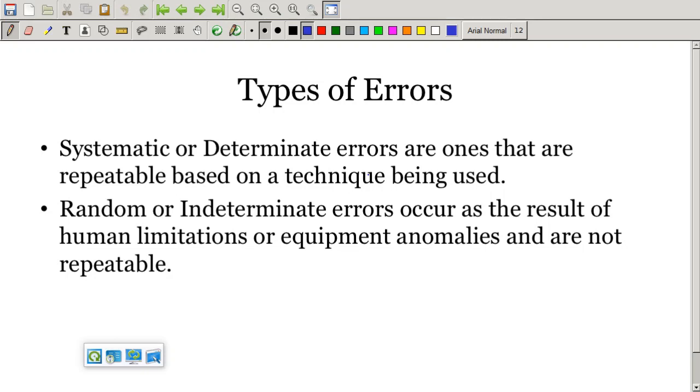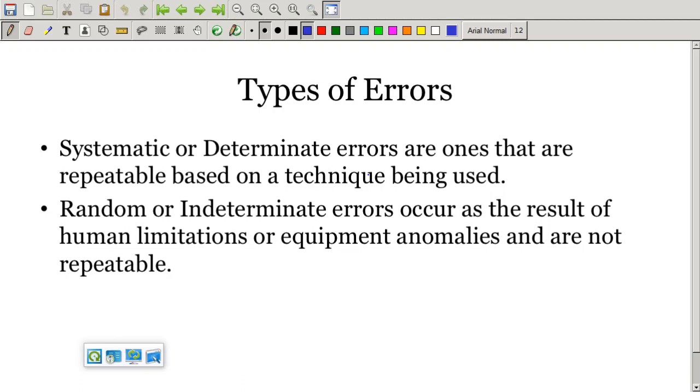So if you weigh things on the balance, it is going to introduce a small amount of systematic error because most balances that are labeled as analytical balances are accurate to the nearest tenth of a milligram, 0.0001 grams. That's a systematic error. Okay, it's going to be there all the time. There's nothing you can do about it.